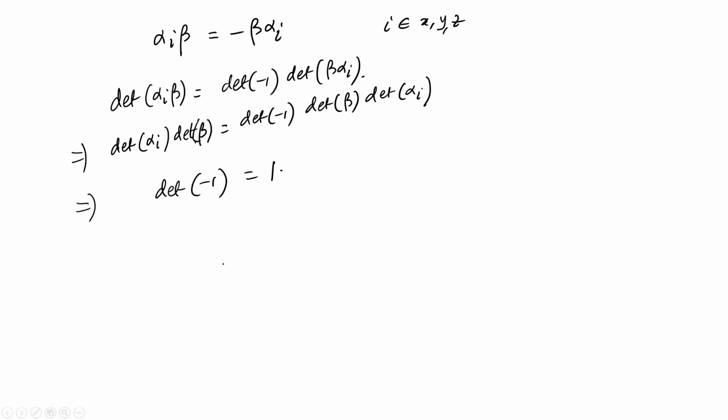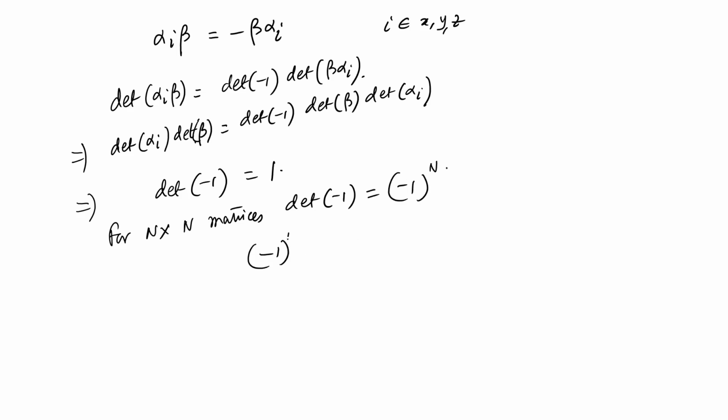Okay. Now, for general n cross n matrices, this determinant of minus 1 is equal to minus 1 to the power n, and minus 1 to the power n, which becomes equal to 1, can only occur for n equal to 2, n equal to 4, n equal to 6 and so on.